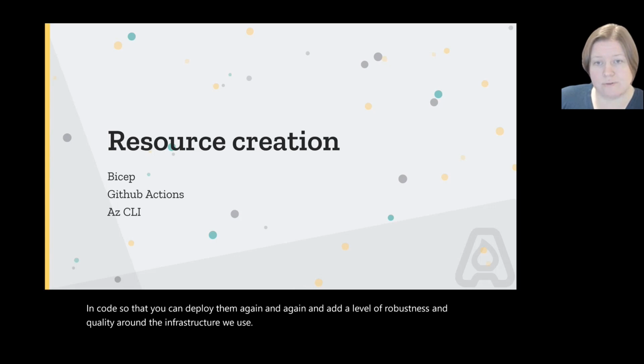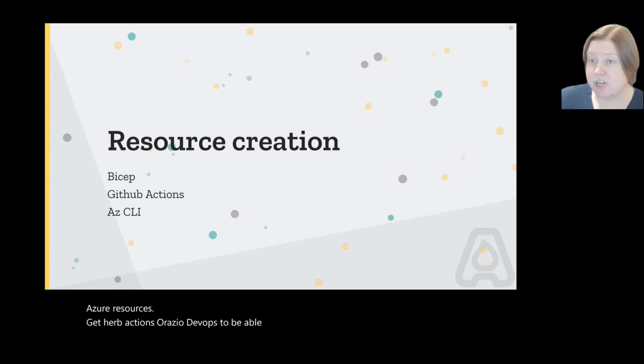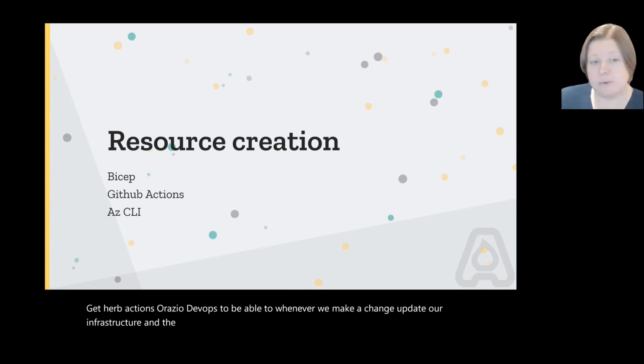In terms of creating resources, we're able to use Bicep, which is a nice way to specify our Azure resources, GitHub Actions or Azure DevOps to be able to, whenever we make a change, update our infrastructure, and the Azure CLI to be able to provide instructions to Azure in a scriptable fashion.